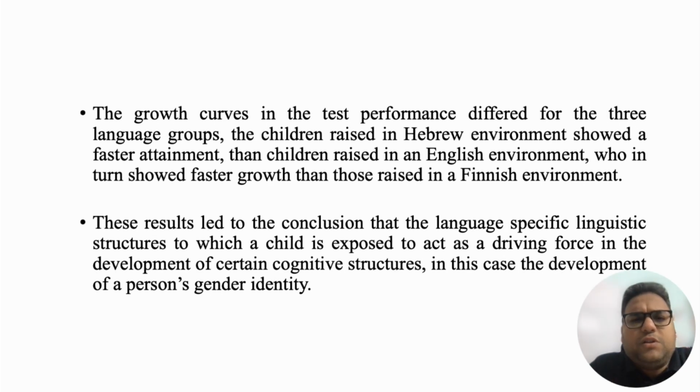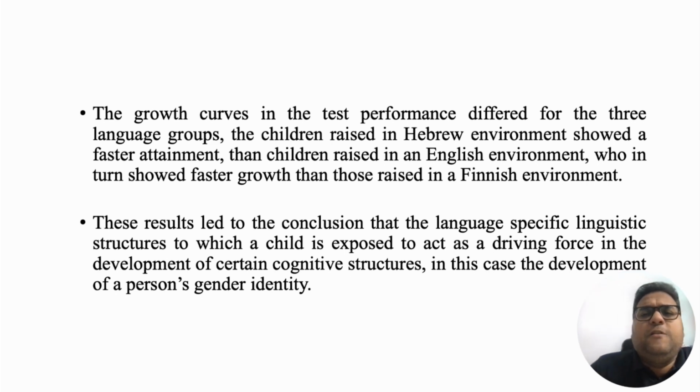Interestingly, the growth curves in the test performance differed for the three language groups. The children raised in the Hebrew environment showed a faster attainment of gender identity than children raised in an English environment, who in turn showed faster growth of gender identity than children raised in a Finnish environment.